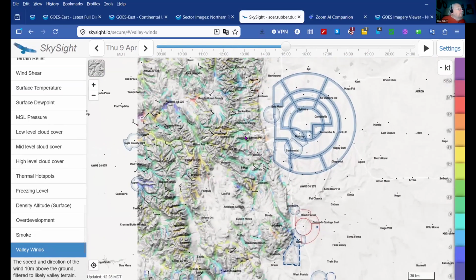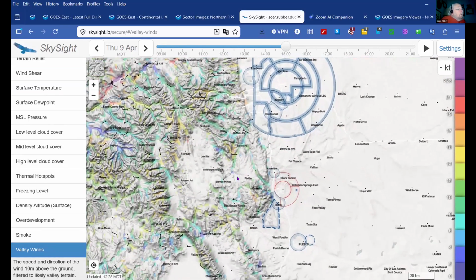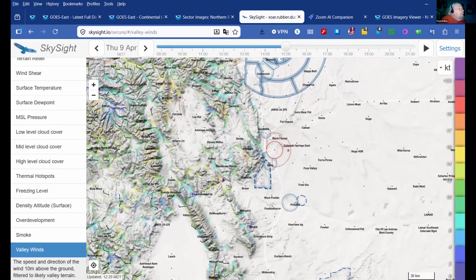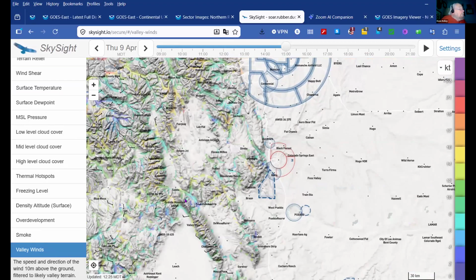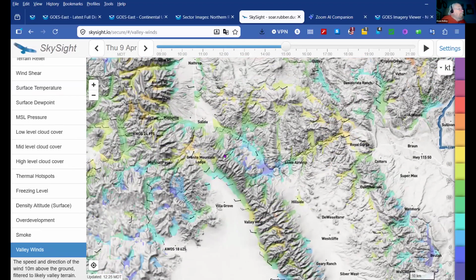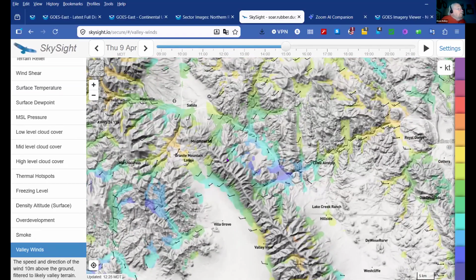Let's come back over to the mountains. Let's go down here. This will be a good example right here. Okay, so this is Salida, Colorado. It's back in the mountains, and this is the Arkansas River Valley coming down.